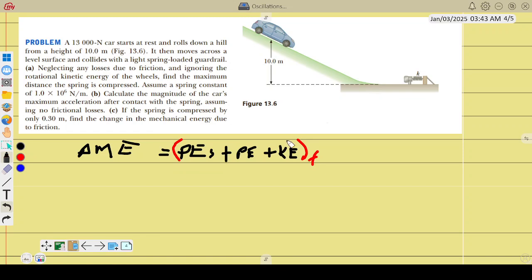So the finals minus the initials, that is the change. Spring, gravity and kinetic energy. Okay, how will my students understand.